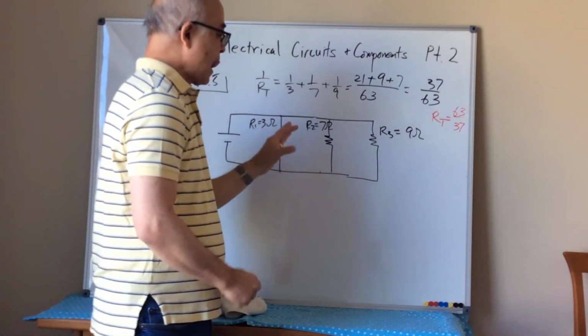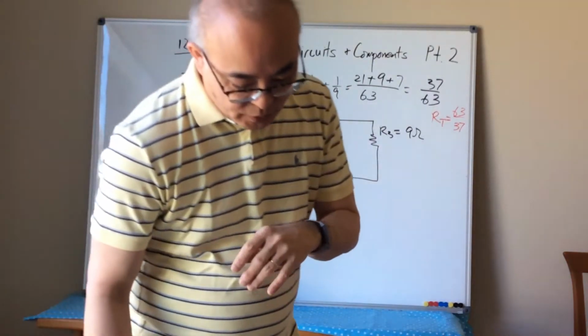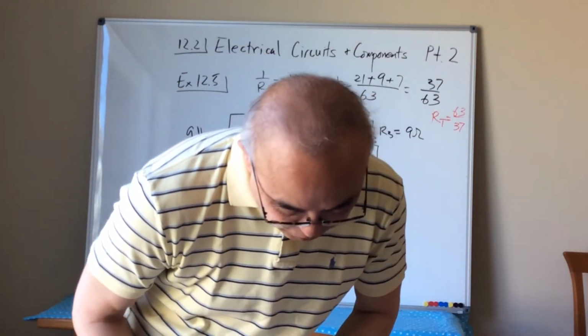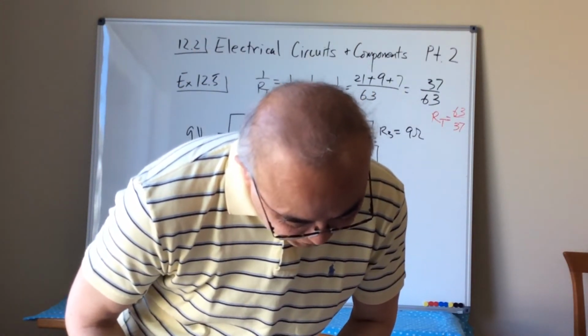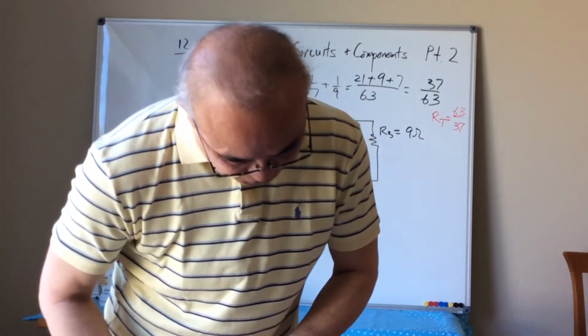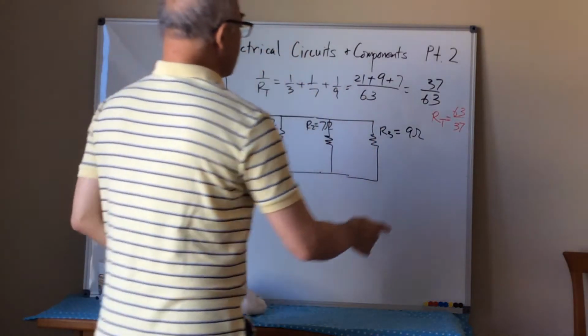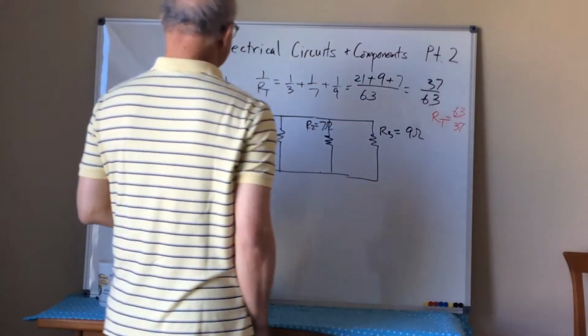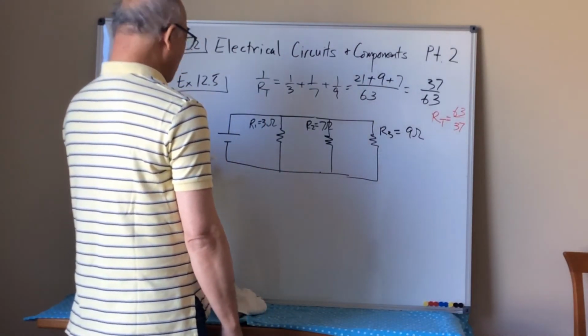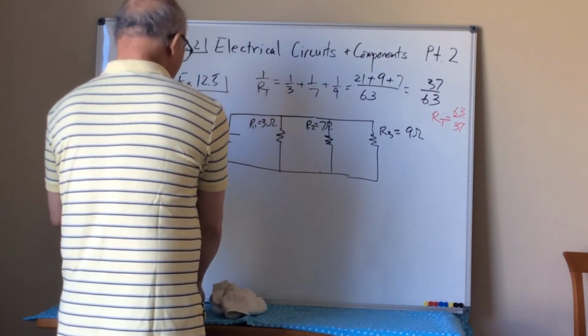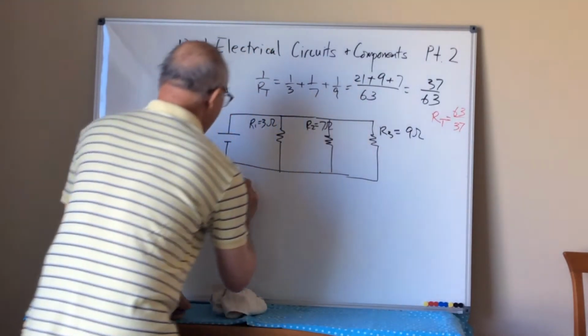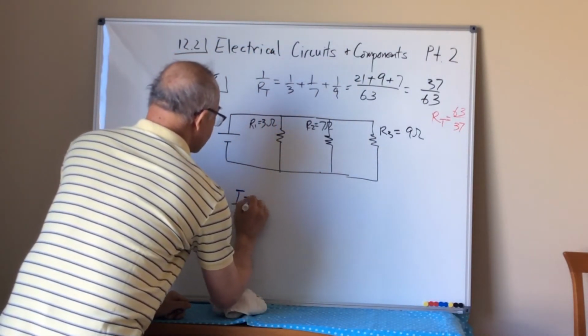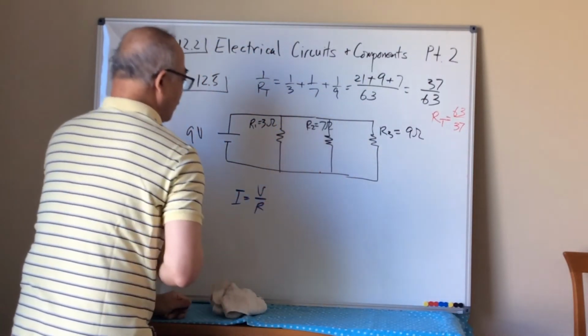Okay? So what is it asking for? What do I need to do? It says, now determine the current flow through each branch. Okay? So since this is my total resistance, and this is my volts, my amps are going to be what? My I is equal to V over R total, right?